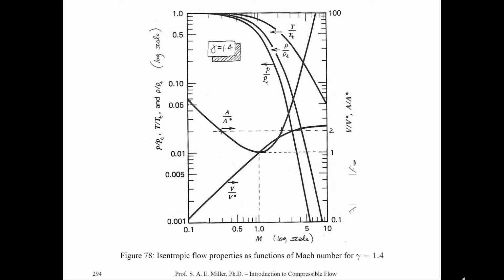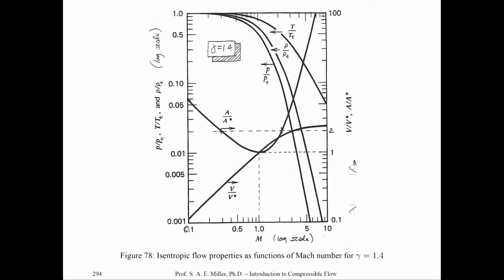On the x-axis, we have a log scale of Mach number. The Mach number goes from 0.1, which is rather incompressible, all the way to Mach 10. The left y-axis is non-dimensionalized plots of the static pressure divided by the total pressure, the static temperature divided by the total temperature, and the static density divided by the total density.